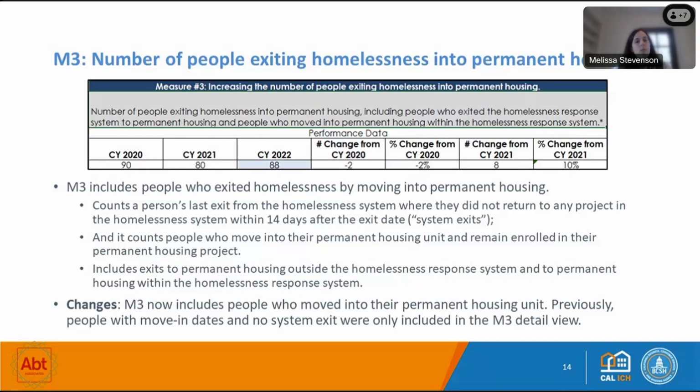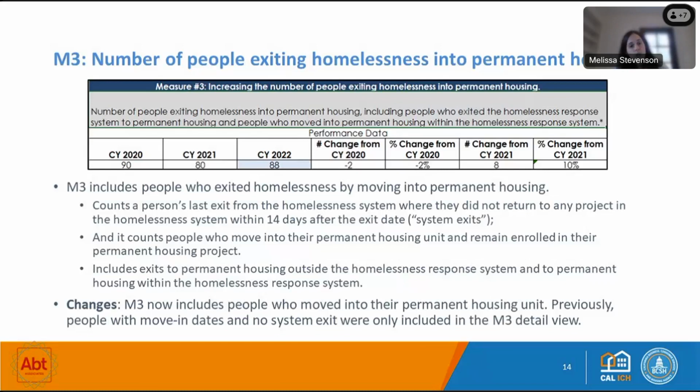And it does count people who also moved into a permanent housing unit during the year and remain enrolled in their permanent housing project at the end of the year. That is a significant change from the earlier version. So you may see a difference in your numbers there because we are now including those folks who, while technically still in the system, meaning they're still in HMIS, have moved into permanent housing.